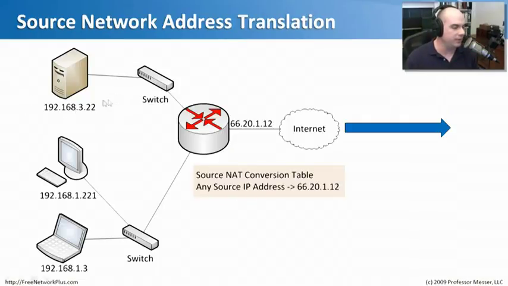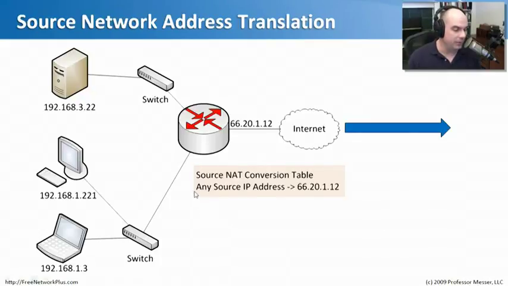Now visually, this is what it looks like. Our source network address translation means that all of these devices that are out here on our network will communicate out to the internet, but they will all look like they're coming from the 66.20.1.12 address. And it all goes out to the internet, and you probably have within your router somewhere something called a source NAT conversion table. You may not even see it, but it's in there.